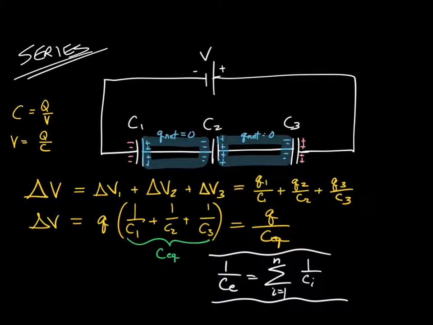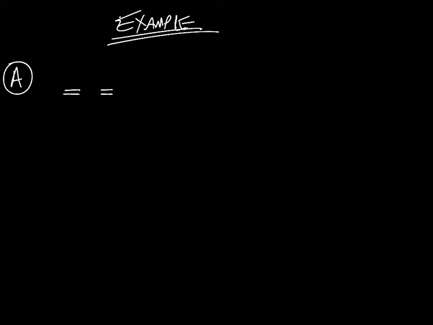All right, so let's apply this to some, so let's have an example here. So step A is going to be a circuit with a bunch of series and parallel capacitors. And we're going to reduce the circuit down to something manageable.